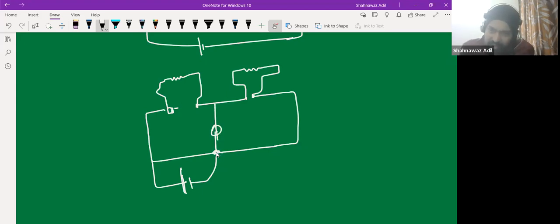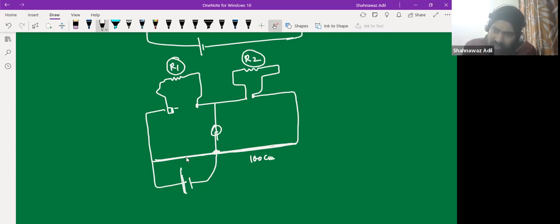So now you connect this device. The length of this wire is 100 centimeter. Let's say this is R1, this is R2, and you know the resistance of this one and you don't know the resistance of this one.